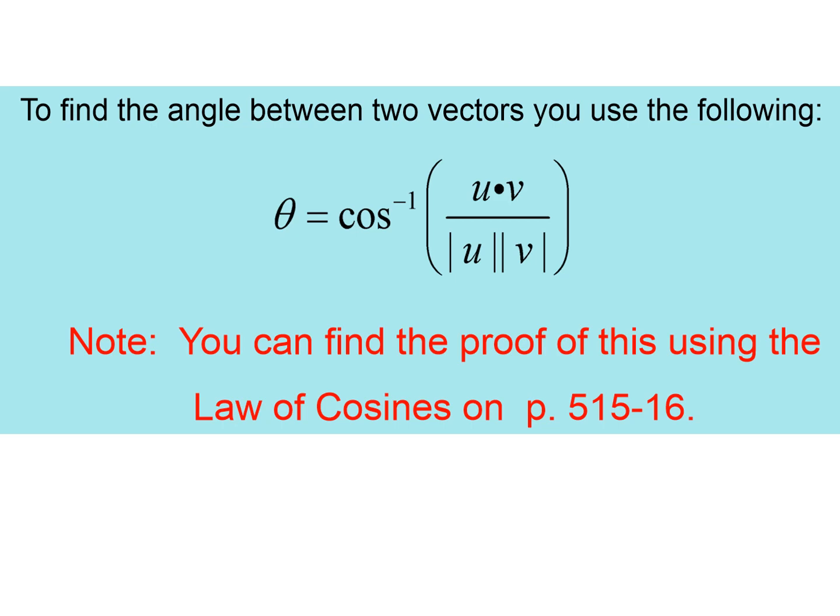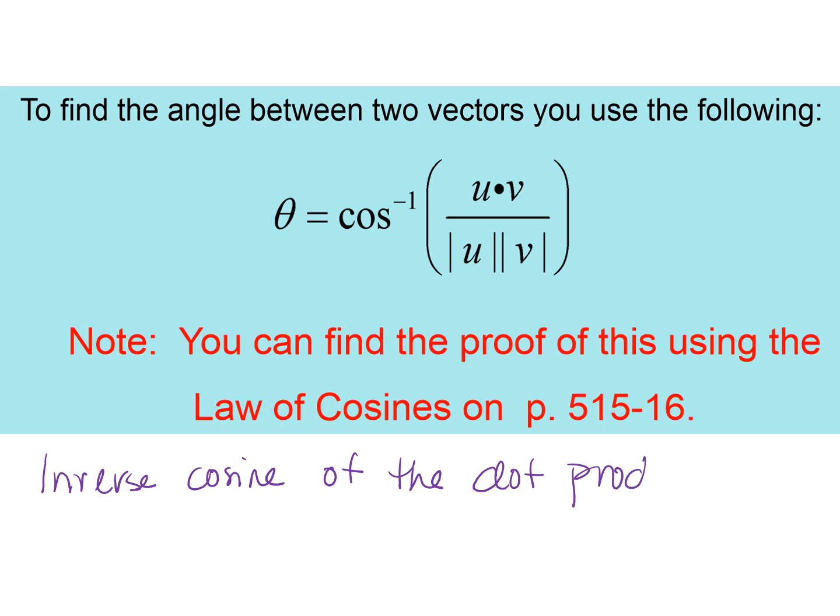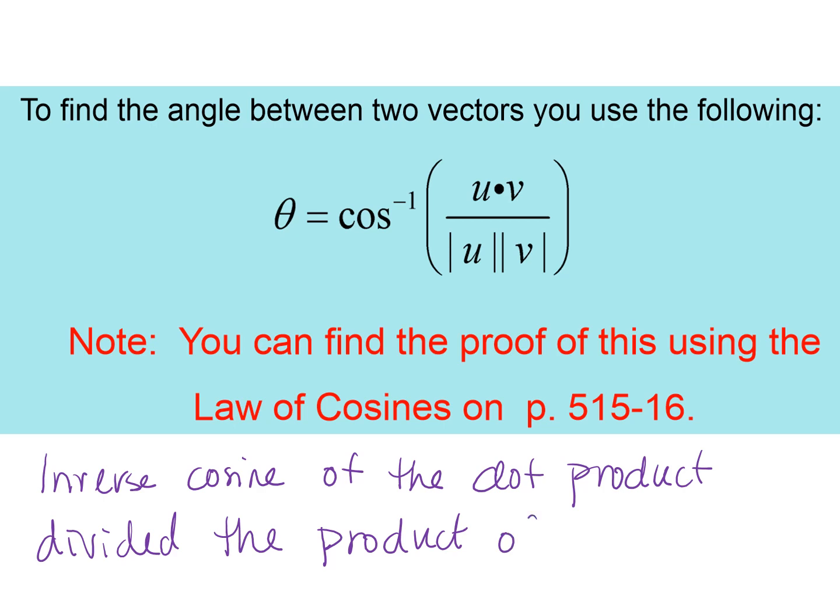The way that I go through this, and I'm going to write it down here at the bottom, is I say you take the inverse cosine of the dot product divided by the product of the magnitudes.